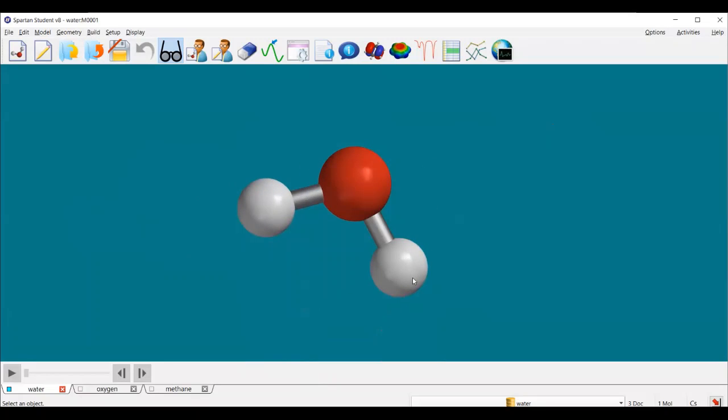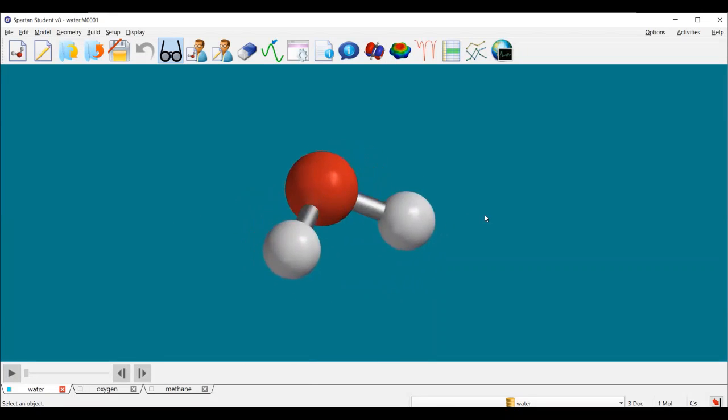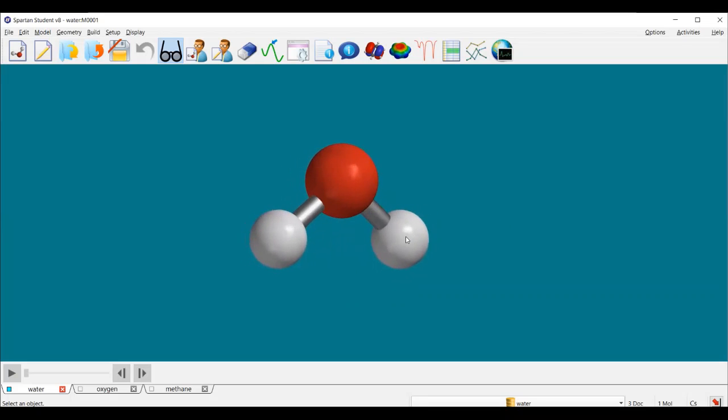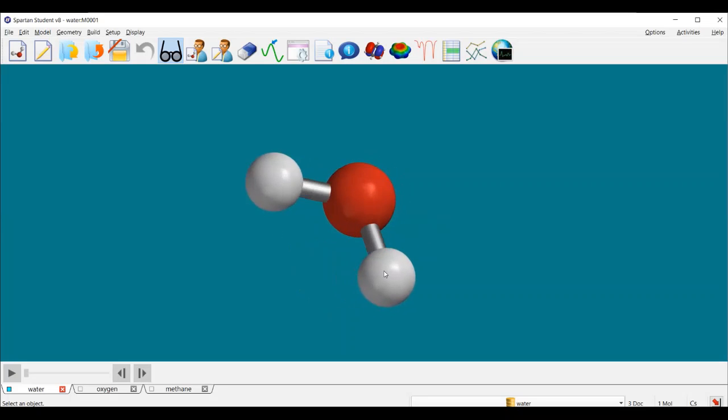That's rotating around the side-to-side axis, or the x-axis. I could also have it rotate this way, going around the vertical or z-axis. And then it's kind of hard to do in this program, but I could also have it go around this way. So those are all the different kinds of rotations.